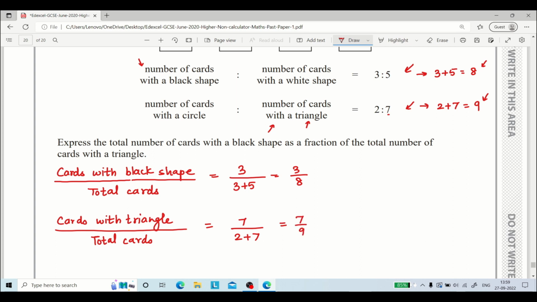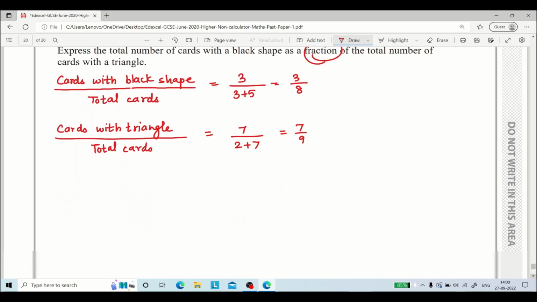Awesome. Now if you want to find out the total number of cards with a black shape as a fraction, so what do you need to do? You just need to divide these two. Yeah, you are going to divide 1 by 2. So that gives you, when you divide, let me use a different color.